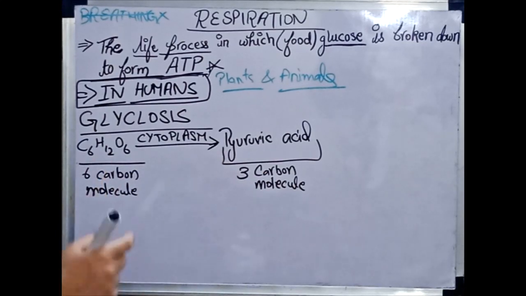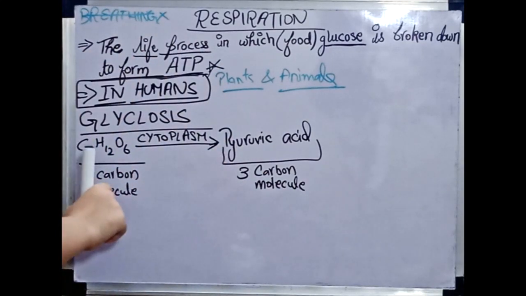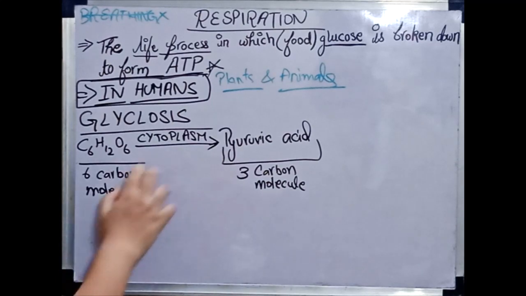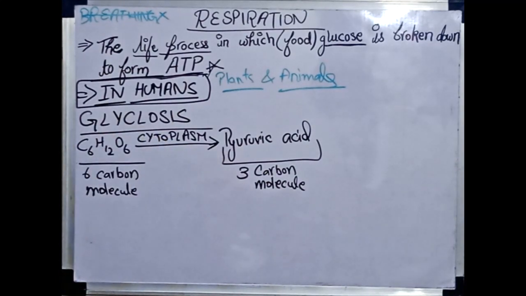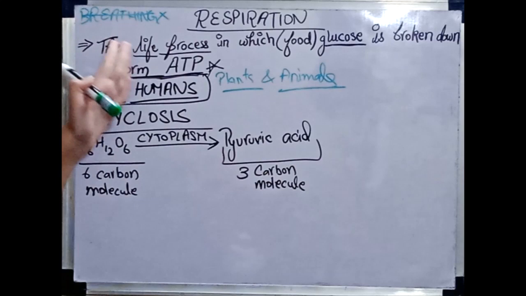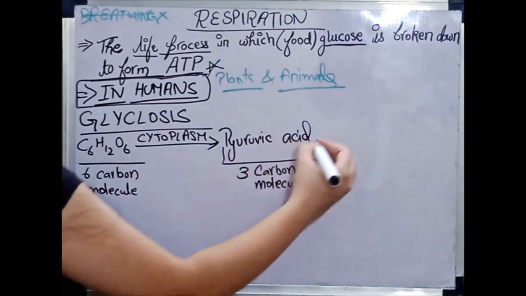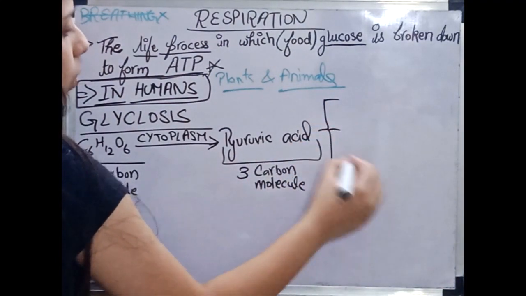And there is a process called glycolysis, from which this 6-carbon molecule, that is glucose, is converted into pyruvic acid, that is a 3-carbon molecule. Now why it is happening, it's not in our syllabus basically, but this is what is happening in the cytoplasm. So it is a process before respiration or in the respiration, but this is not where it ends. After this, glycolysis has to happen anyway.